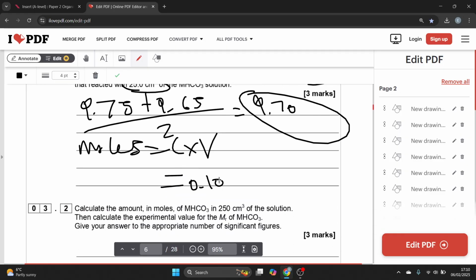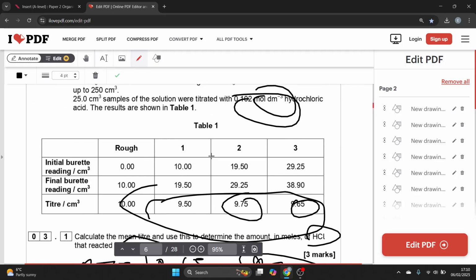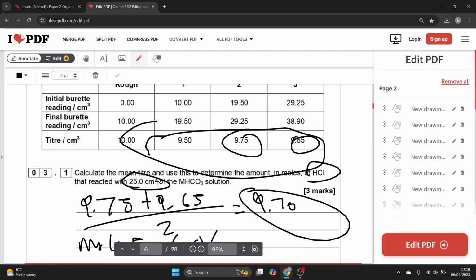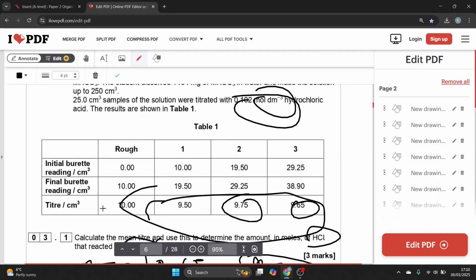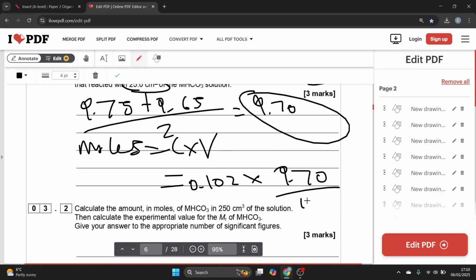So I'm just going to do 0.102 times by 9.70. However, 0.102 is in moles per decimeter cubed. This 9.70 is clearly in centimeters cubed because all of these are in centimeters cubed, and I just added those two and divided by 2. So I need to divide it by 1,000.